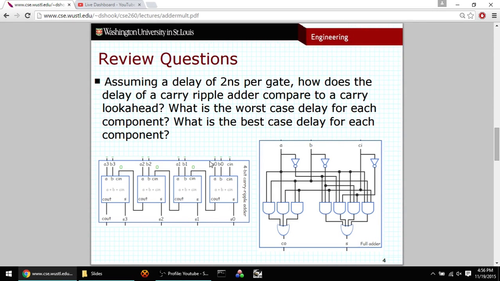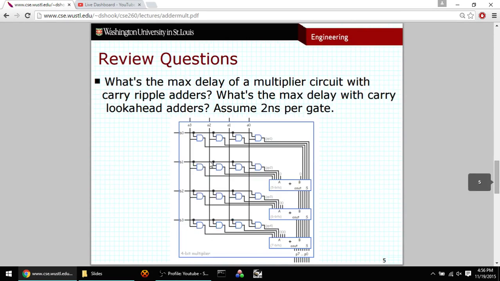If we look at each of these in order, we've got 5 bits, 6 bits, and 7 bits. Basically, we're adding 4 nanoseconds for each additional bit for a carry ripple. So we've got 22, 26, and 30. That's 56, 78 nanoseconds, plus the 2, and we're already up to 80 nanoseconds for carry ripple adders.